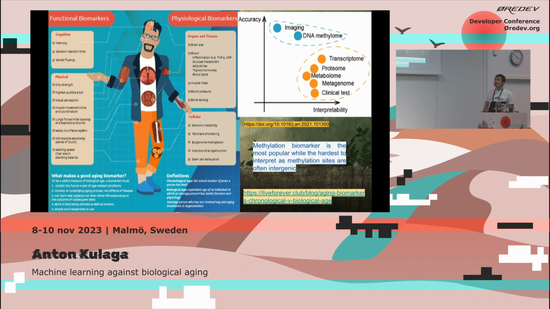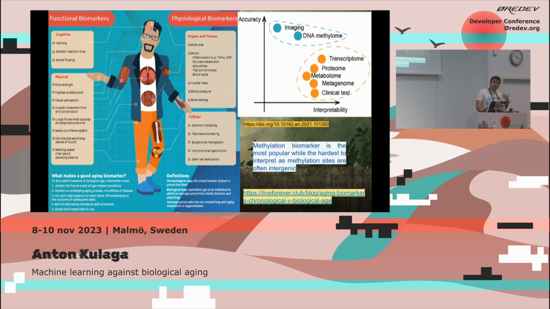And biomarkers are divided into molecular biomarkers, all the omics data, genomics, transcriptomics, biomarkers of organs and tissues, how your liver is doing, how your lungs are doing, and functional biomarkers, if I am doing well, if I am feeling well, if I can run well, and if I can function well.